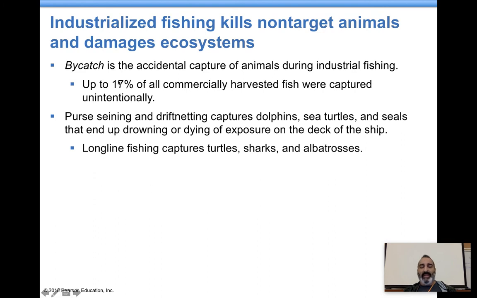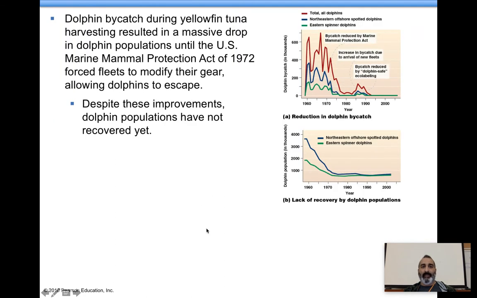All right. Bycatch, I said, unintended catch. This is a problem. A lot of these nets, a lot of these long lines, you're catching things that are not intended. Every now and then you'll see tuna that'll say dolphin safe tuna. That means they're using a method that is preserving dolphins and not catching a lot of dolphins as bycatch. And it's just showing you that dolphin populations still haven't totally improved.